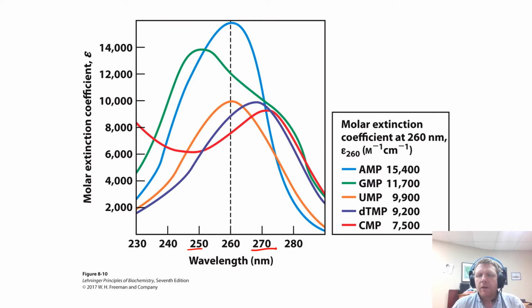And here, using the Lambert-Beer law, A equals epsilon LC, where epsilon is the extinction coefficient, this gives you a means to correlate the concentration of any of these molecules, AMP, GMP, UMP, DTMP, and CMP, to light absorbed from a light source of 260 nanometers. So this is just the proof in the pudding that we see there is actually absorbance at 260 nanometers from these molecules.